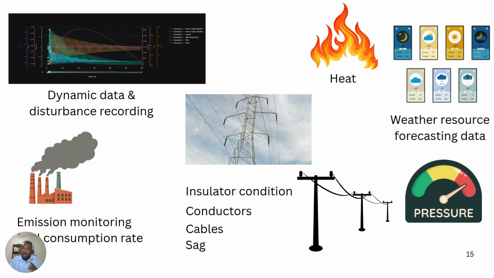We need to understand the grid operating conditions. And then also when there's a fault or a disturbance in the network, what happens? We need records. Another parameter to look at is emissions monitoring. If you run a coal power plant, obviously there will be a lot of emissions of CO2 gases, carbon monoxide and all the nitrogen oxides.